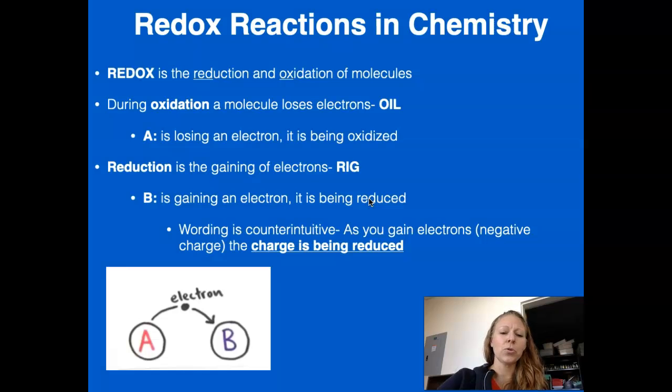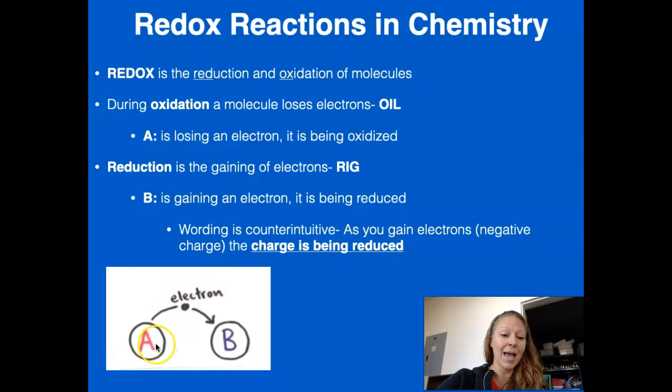The wording is counterintuitive, but I like to think of it like this: as you gain electrons, you're gaining a negative charge, or your charge is being reduced. So if a molecule is being reduced, the charge is being reduced. As you gain electrons, your charge is being reduced.